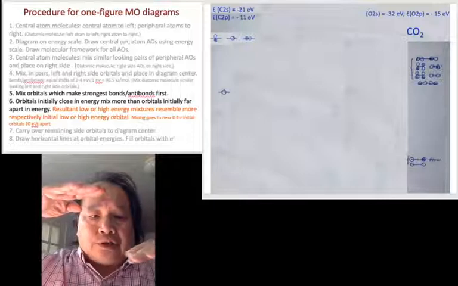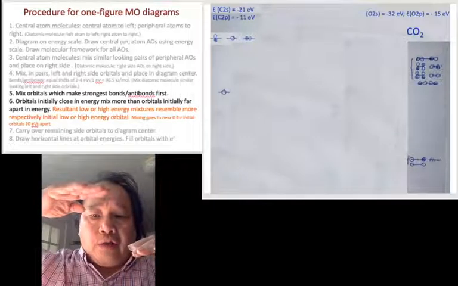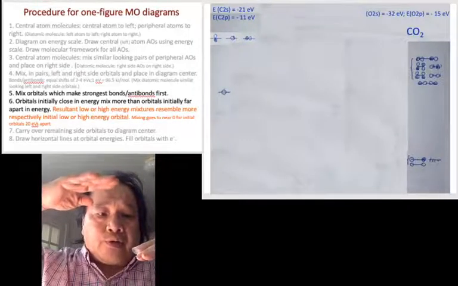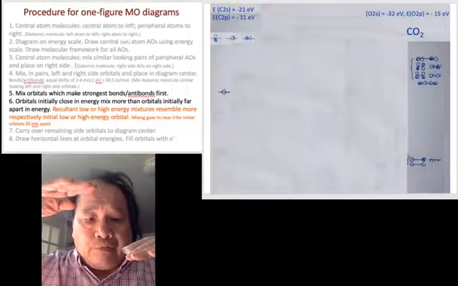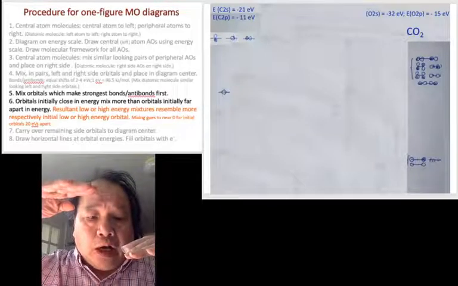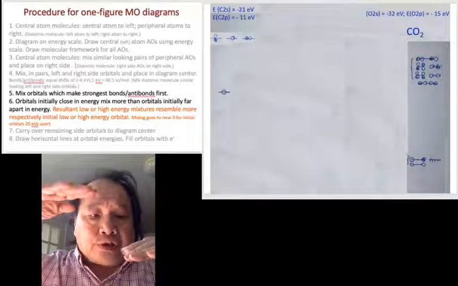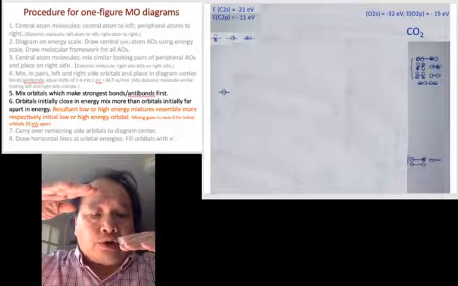The oxygen orbital is of lower energy, and the carbon orbital is of higher energy. And if I read what it says in orange in 6, resultant low or high energy mixtures resemble more initially the low or high energy orbitals. So this is the low energy one.